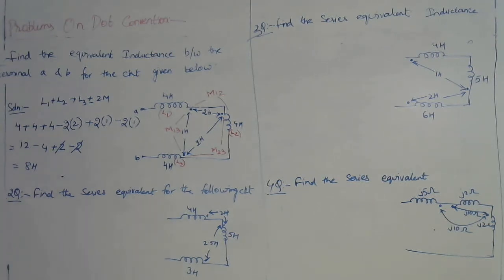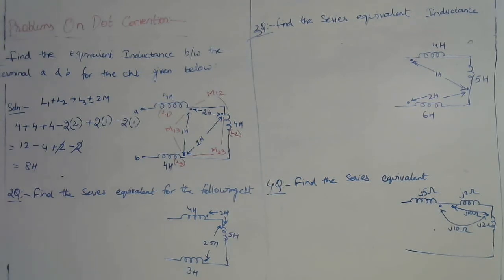And in this, as the circuit is in series, the current flowing through the complete circuit is the same. So we are least bothered about how much current is flowing. But whenever we are having separate loops, in case of a mutual inductance, we need to consider the opposite current which is flowing for the mutual inductance.